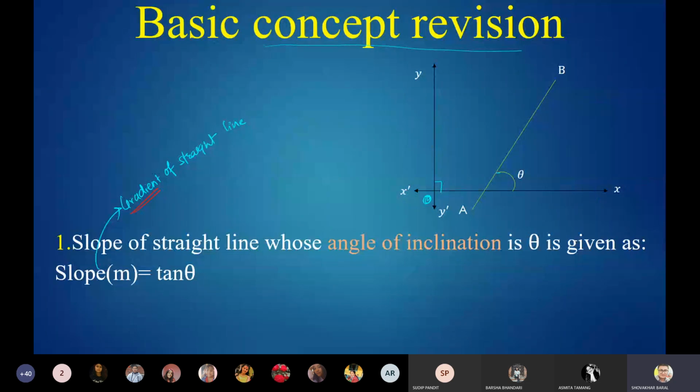This is y prime, x prime. This is a straight line AB, and it makes an angle of theta with the positive x-axis. Be careful that whenever you say angle of inclination, it must always be with the positive x-axis, in the anti-clockwise direction.